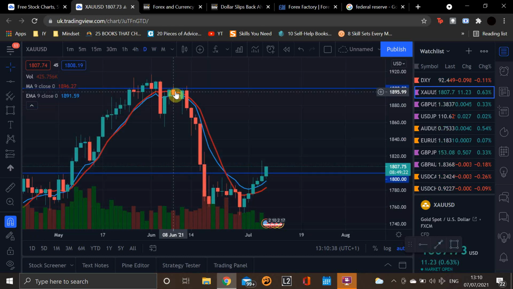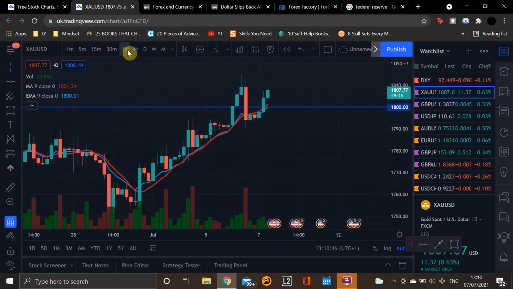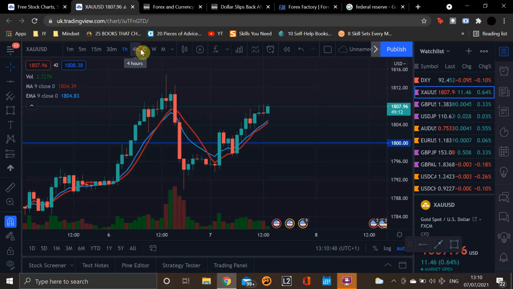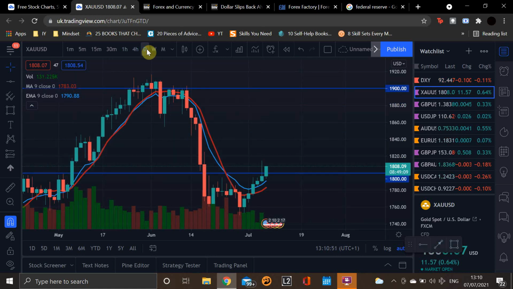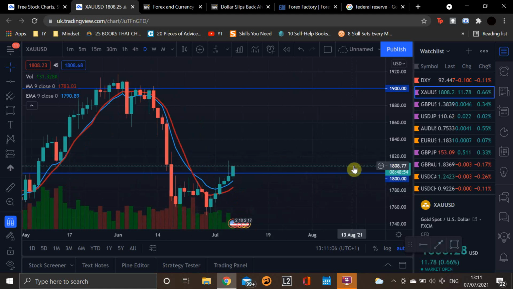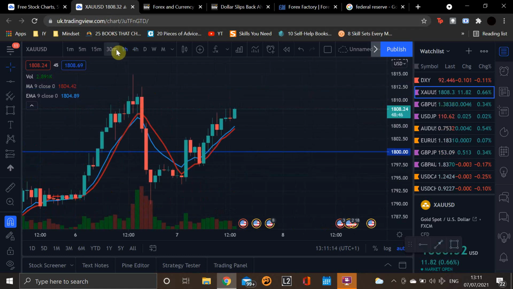So this downtrend definitely started since June, definitely. Yeah, so it hasn't closed above that area, so we can't say it's going to go up. So what I'll do, I'll leave this one for now.